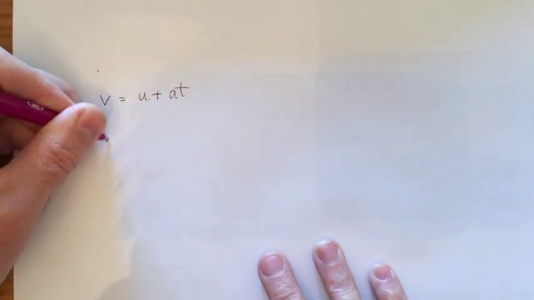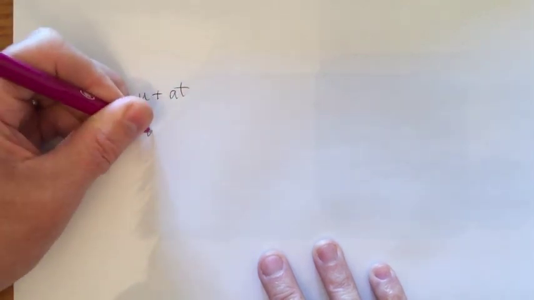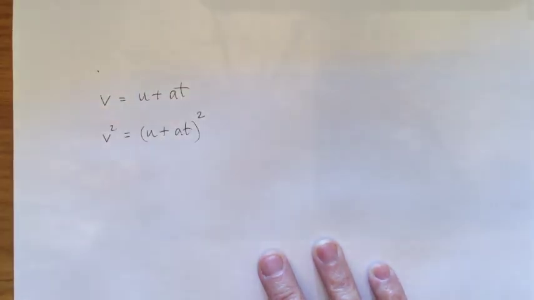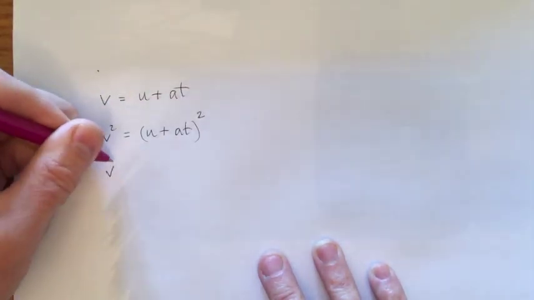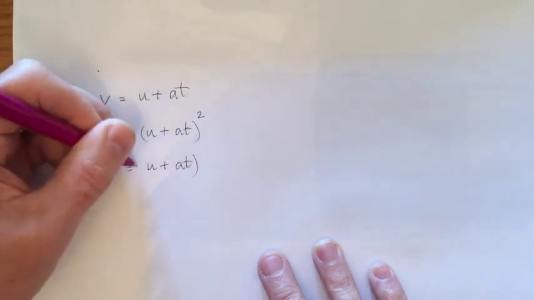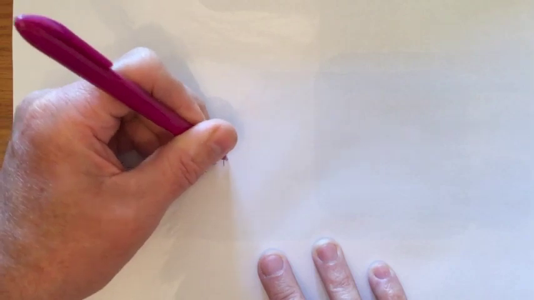It starts off from this one. v equals u plus at. Square both sides, so v squared is u plus at, all squared. So v squared equals u plus at times u plus at.